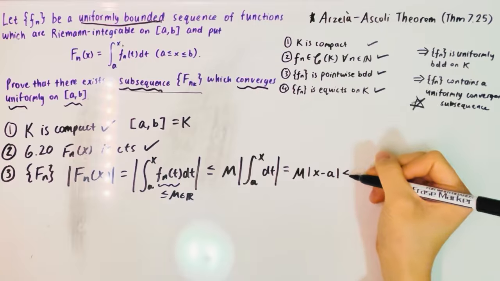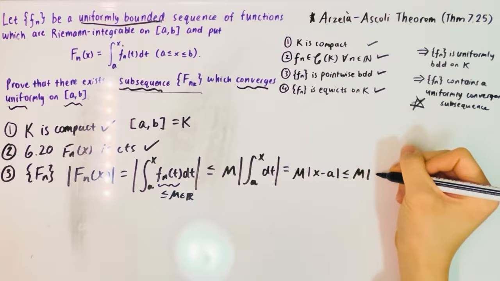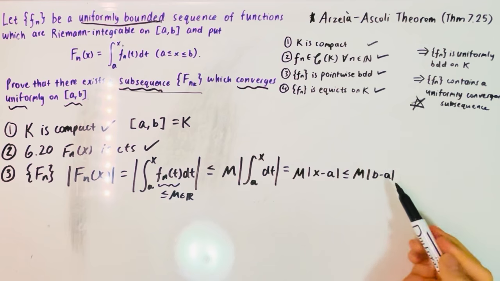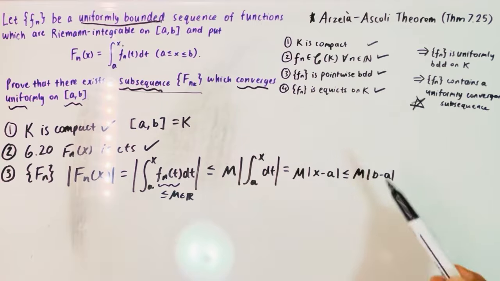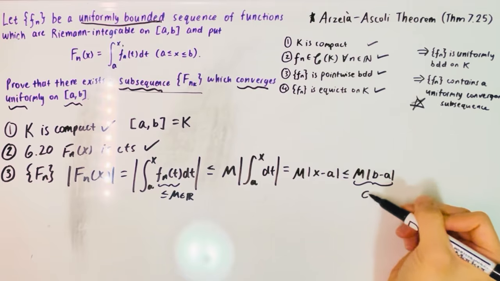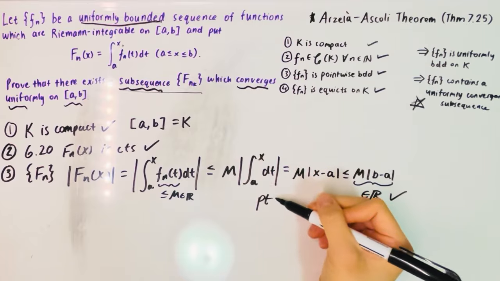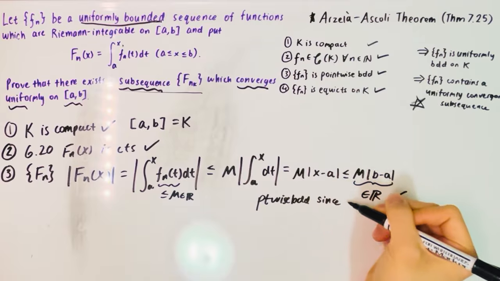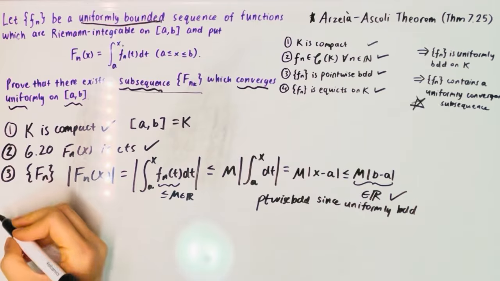And then that's just always going to be smaller than or equal to M(b minus a). This is always true because we know that x has to be between a and b, so this distance is always going to be less than or equal to this distance. And this is in R, it's a constant. So we have that it's uniformly bounded, and thus it's pointwise bounded. All right, so that also holds.